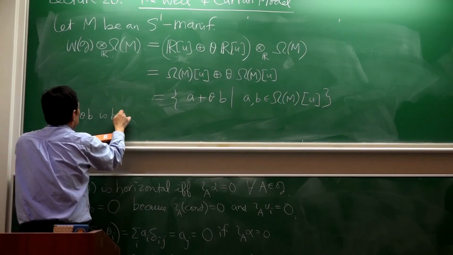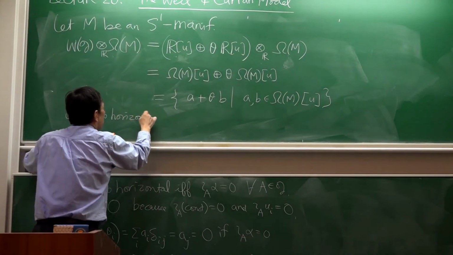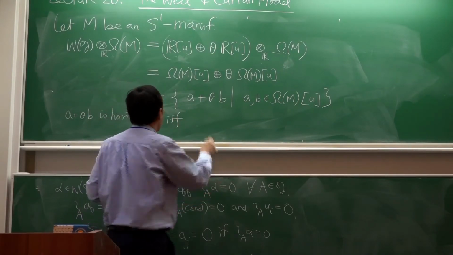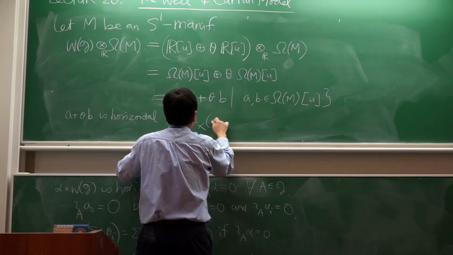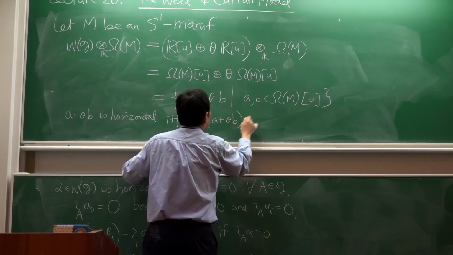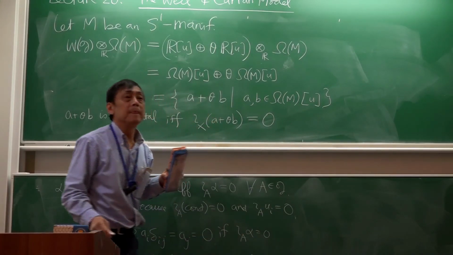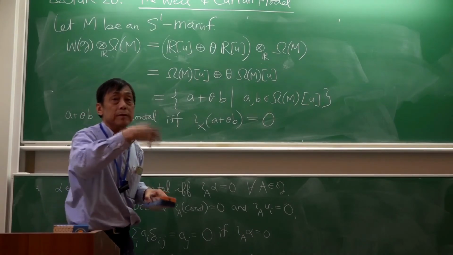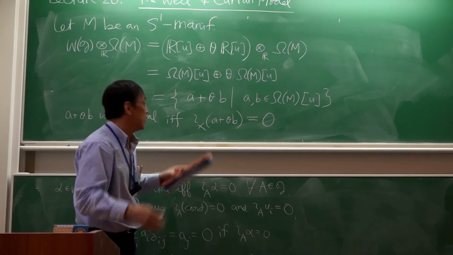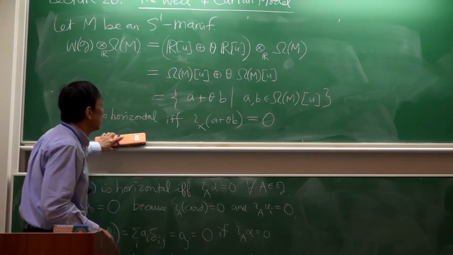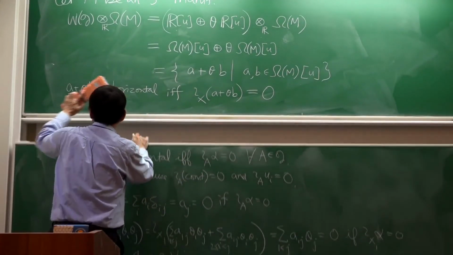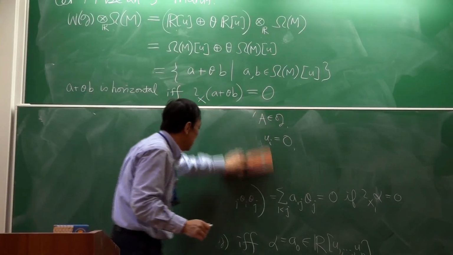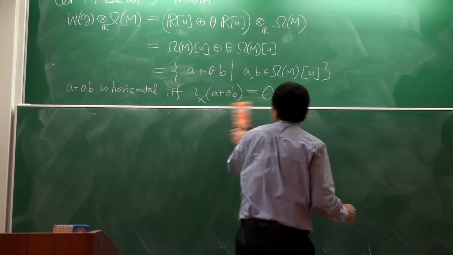Okay? And then A plus theta B is horizontal if and only if Ix of A plus theta B is 0. And you only have to use one x, because all the other elements of the Lie algebra are multiples of this x. Okay? And so let's work this out.